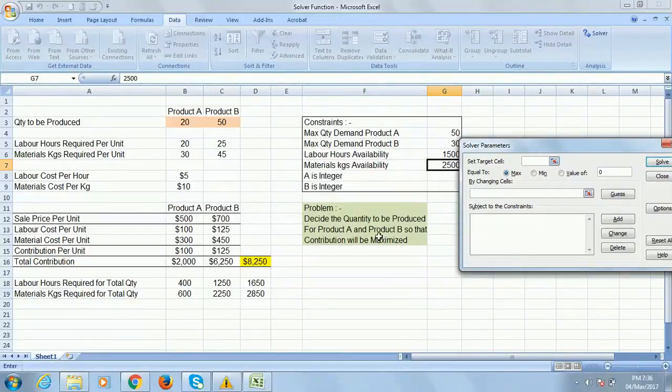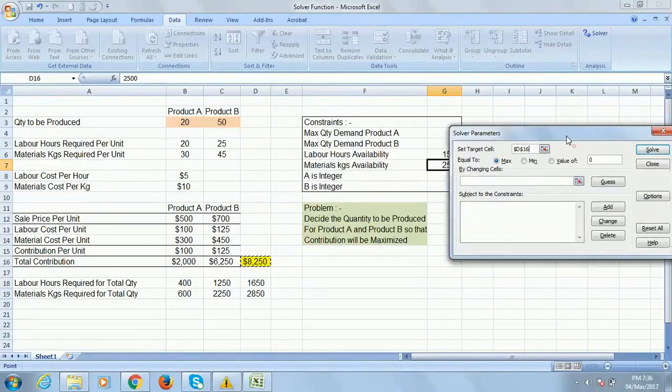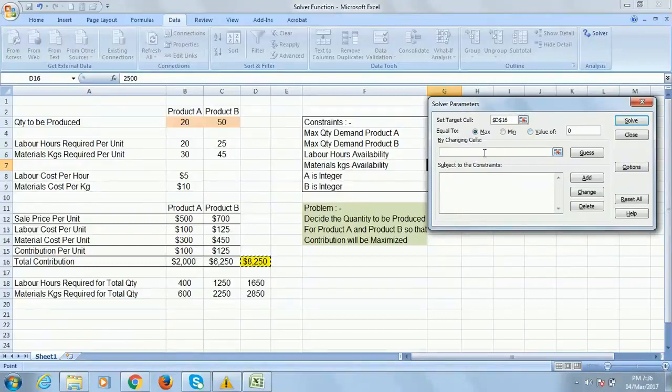My target cell is this, the contribution, which should be maximum, so it should be max. It will be achieved by changing cells, these two cells.